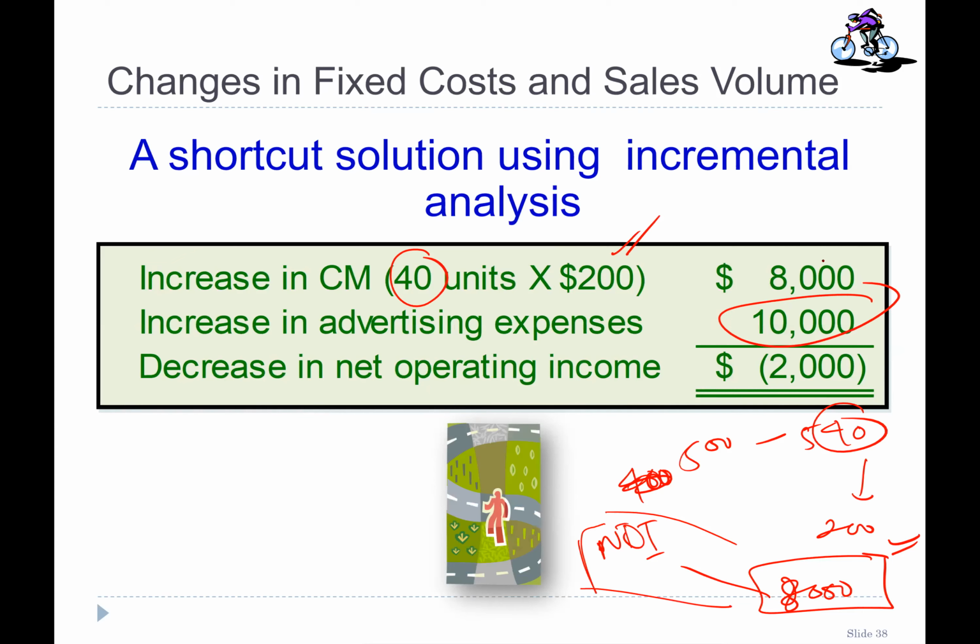It means you are expensing 10,000 to bring back an income of 8,000 to the business, which is not profitable. That's why we are having a loss. So the impact of basically fixed cost is huge here in this case.